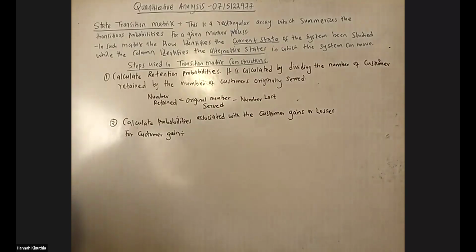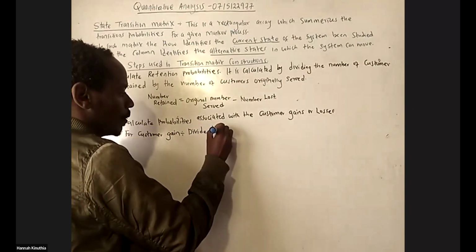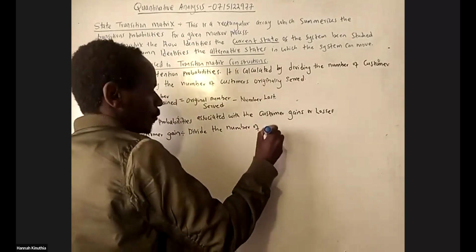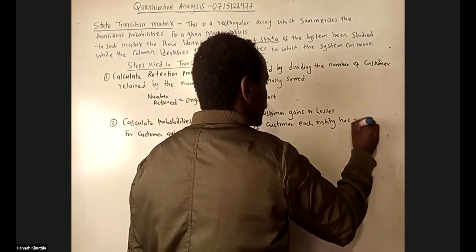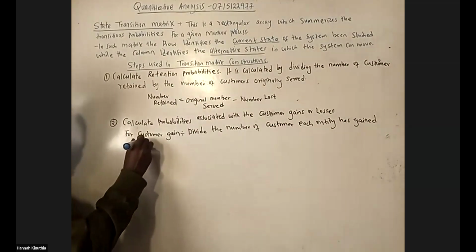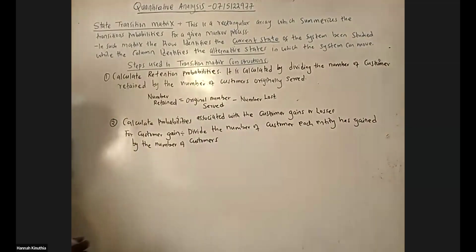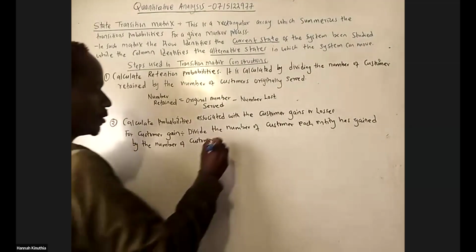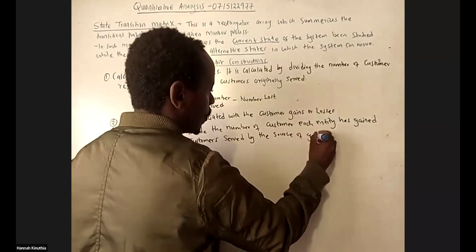Divide the number of customers each entity has gained by the number of customers served by the source of gain.